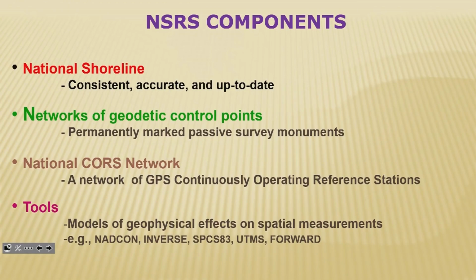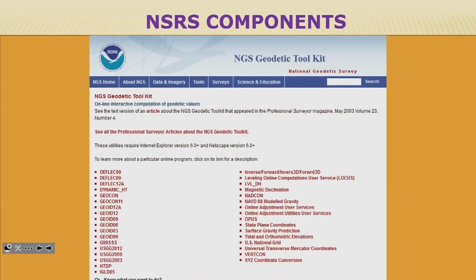And so on their website, they have a series of geodetic computations that you can easily access to be able to do things like apply a geoid model, or perform a datum transformation, or to compute how coordinates are going to change with time. And a variety of these will be discussed in the upcoming presentations.